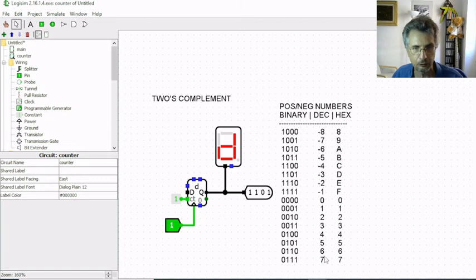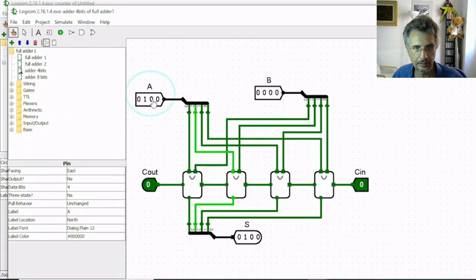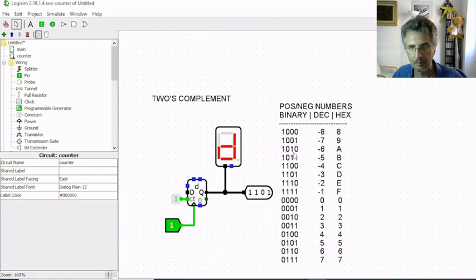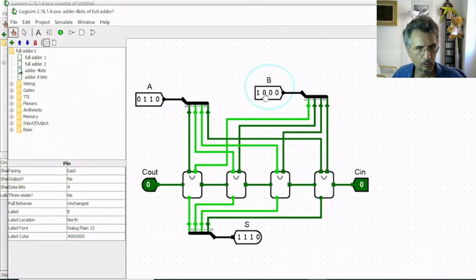I'm using a 4-bit adder here, and here I write plus 6, and here I write minus 2, which is 1110, and you can see the result is plus 4.